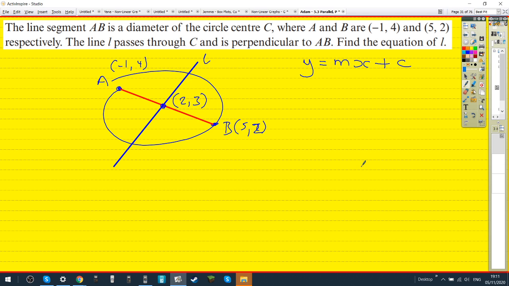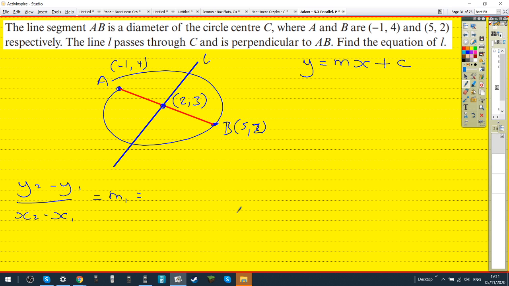So could we just use y2 minus y1 over x2 minus x1 equals m? Yep. So when we work out this gradient, is it for the line L?